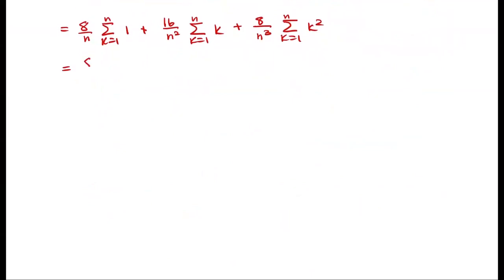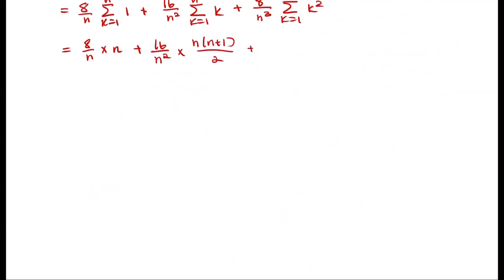So we have 8 divided by n multiplied by n, and then we have 16 divided by n squared. This sum of the first n natural numbers is going to be n times n plus 1 divided by 2.